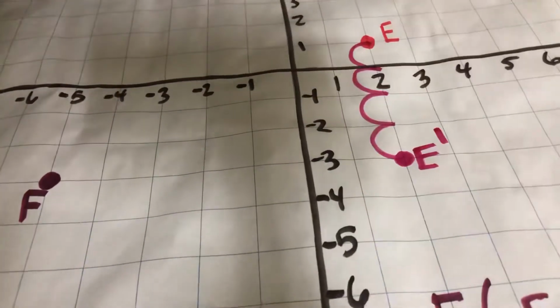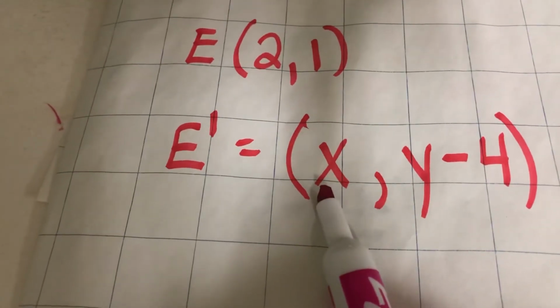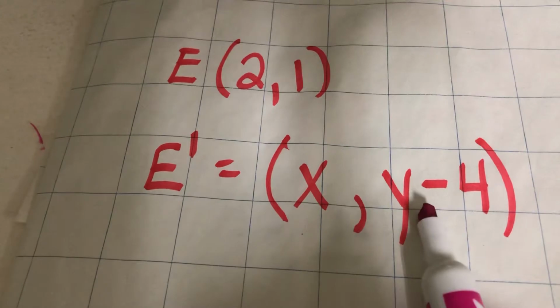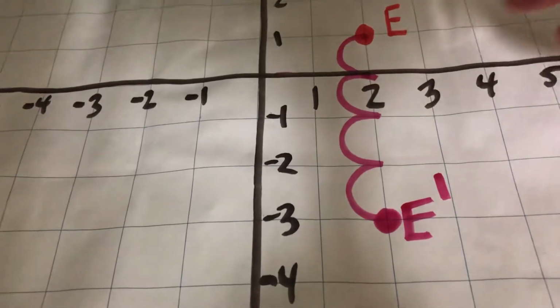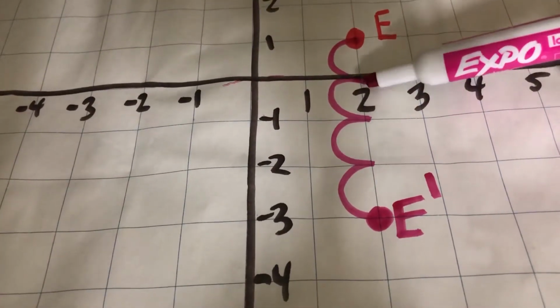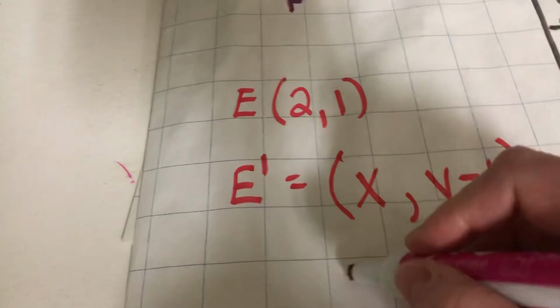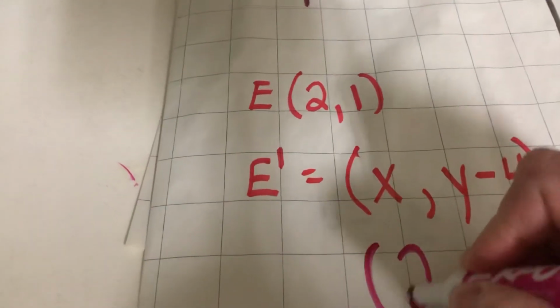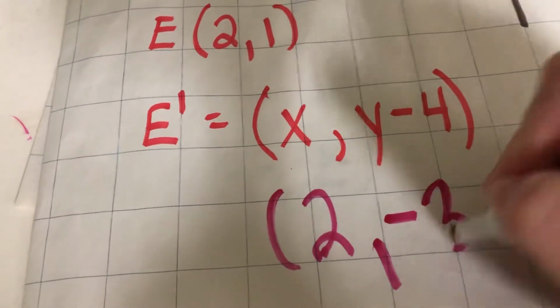So there's E1. So now if I look back at here, my x hasn't changed, but my y should be 4 less. So let's look at my coordinate points up here. My coordinate points are along the floor 2 and down to -3. So let's record that down here. 2, comma, -3.